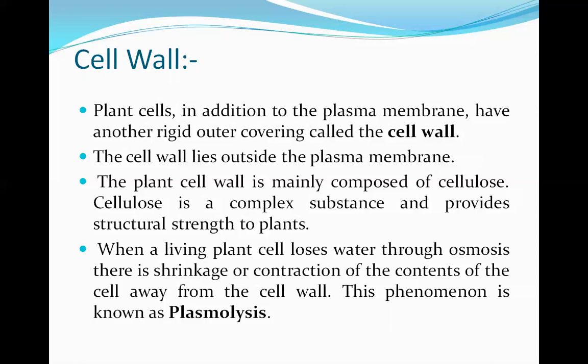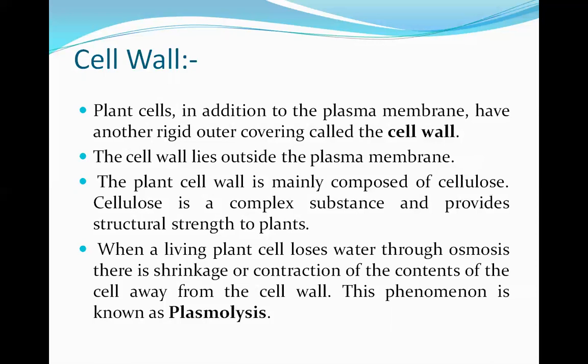Bacteria have a cell wall, fungi also have a cell wall, but the composition of the cell wall is totally different. This will be discussed further in the coming classes. This point is important to note: the cell wall is absent in eukaryotic organisms such as animals and human beings.